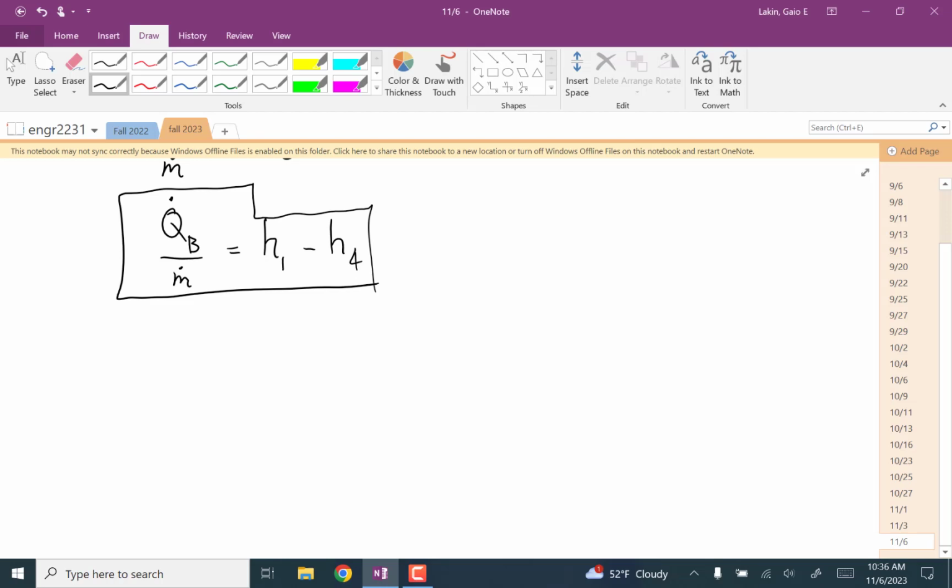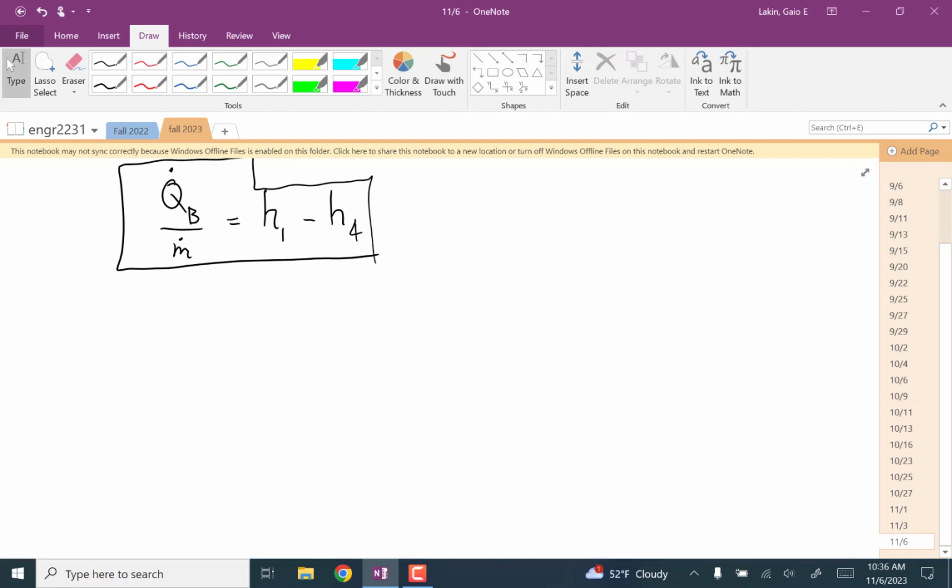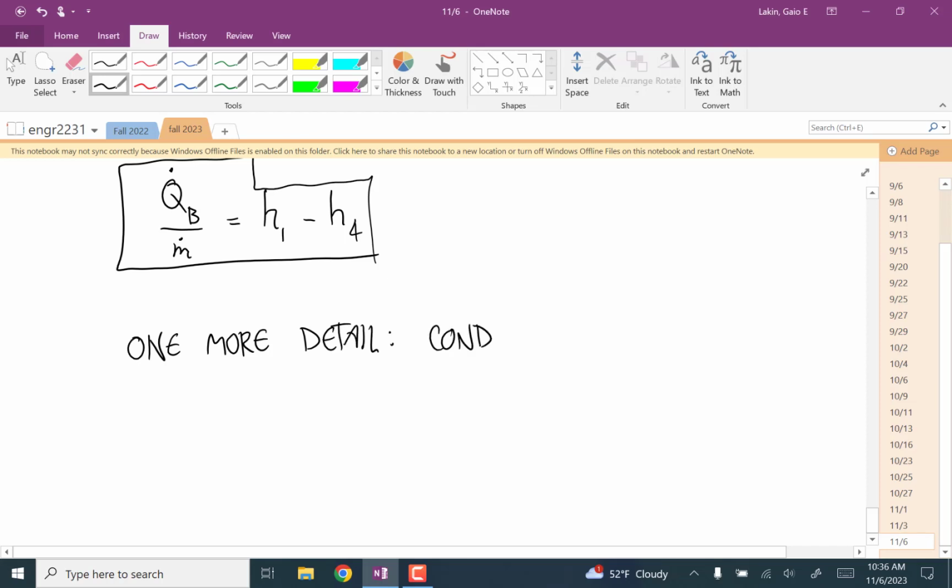So let me tell you another thing first, and then we'll do both examples next time. Okay, so let's say one more detail, and this is about how the condenser works.